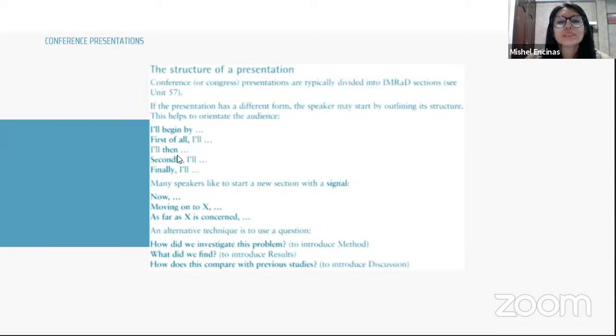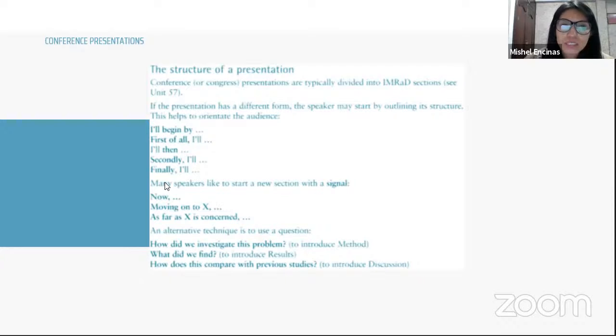I'll then give you maybe definitions to introduce this topic. Then you can say, secondly, I will show you these graphics for a better understanding, okay? And finally, I will give you the results.